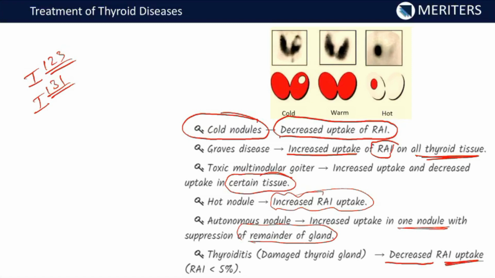That is important. Here you can see the cold nodule. Here the entire gland is active, and here only one particular nodule is active. So that's important for your exam. They can ask these pictures also.